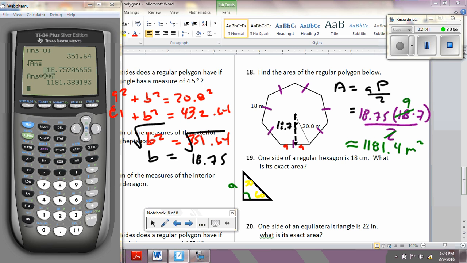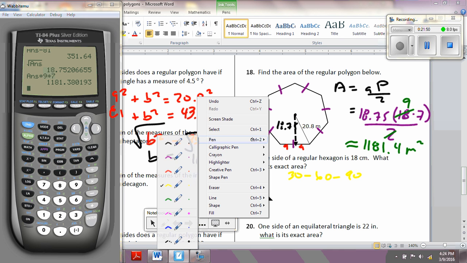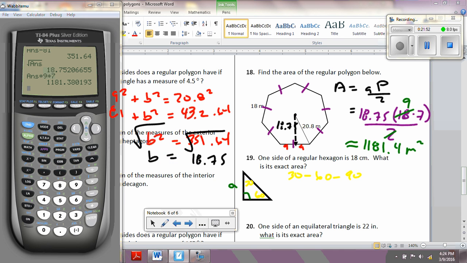So it's a 30, 60, 90 triangle. Across from 30 is one of the parts of the side where the apothem splits it. So if the whole side is 18, the split would be 9. So that's across from 30.